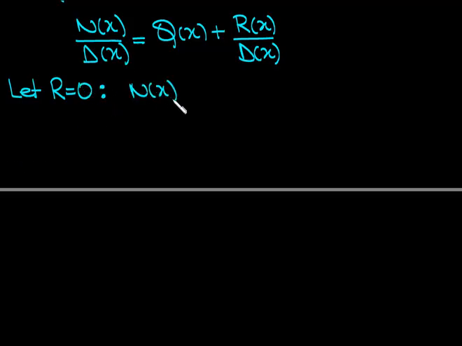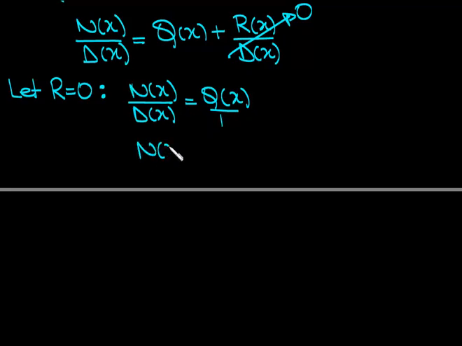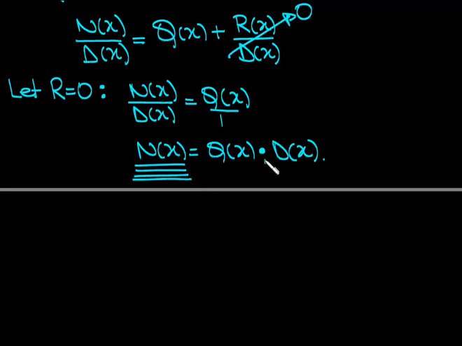I get n of x over d of x is equal to just q of x now, because r is 0, so this term is gone. Now I have this over 1 technically, so I can cross multiply. So I get n of x is equal to q of x multiplied by d of x. So you can clearly see we have taken this polynomial n of x, the one in the numerator, and we've factored it because we've written it as a product of two polynomials, this and this, where one of them is a divisor.